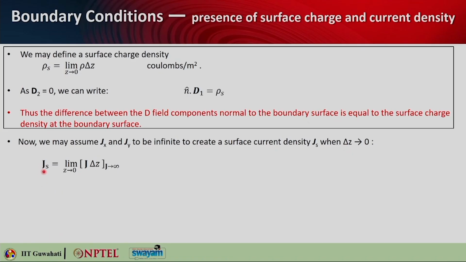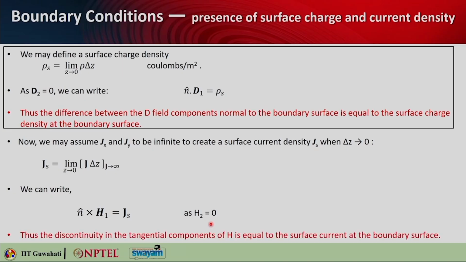So again you can write Js is under the limit of z tending to 0, J delta z, and that tells you that the tangential component of the magnetic field in region 1, that is n cap cross product with H1, is Js, whereas H2 in region 2 is 0. So there is a difference between the tangential component of the magnetic field in region 1 and region 2, and that difference is given by this surface current density.